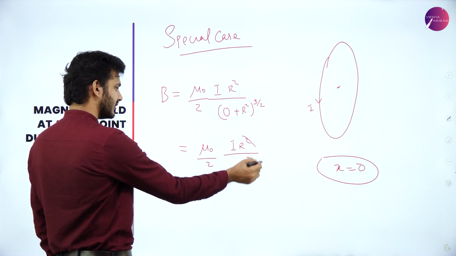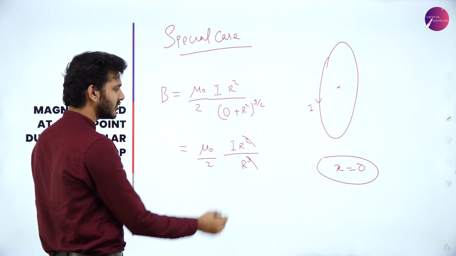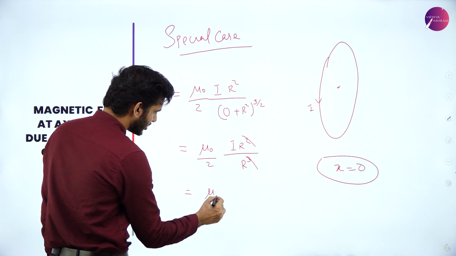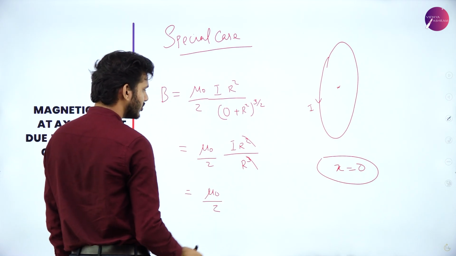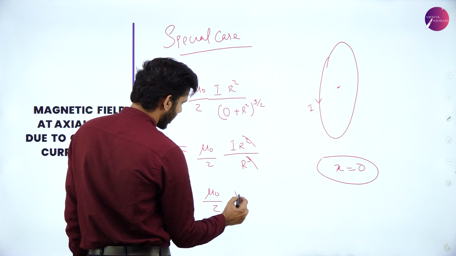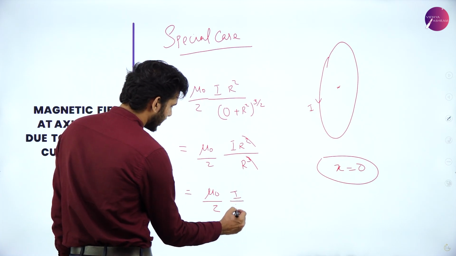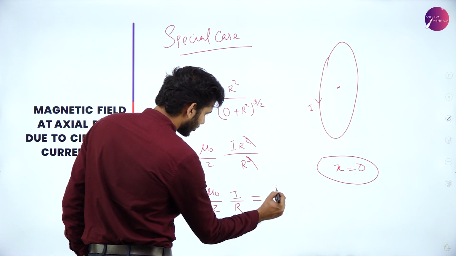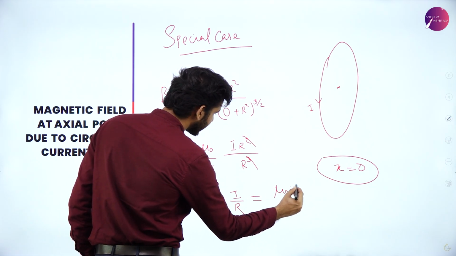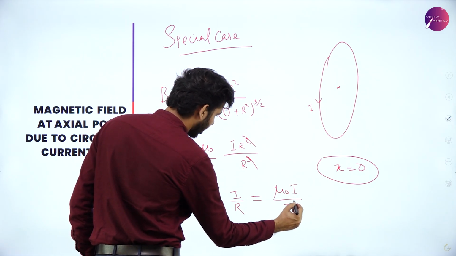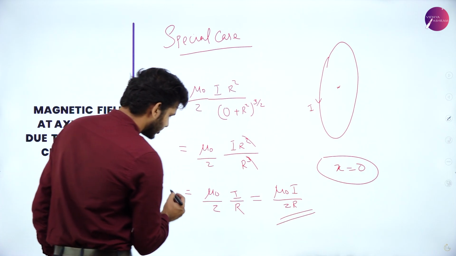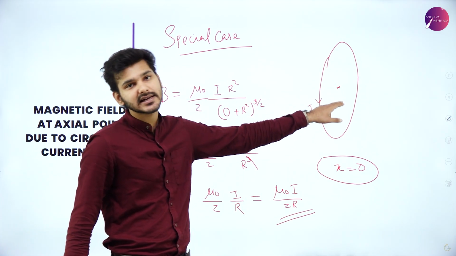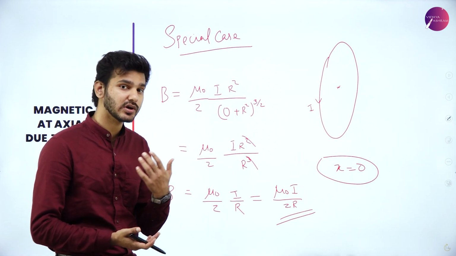Now this r and this will cancel out, so we can write this as mu naught divided by 2 into I by r, or simply mu naught I divided by 2r. So this will be the magnetic field experienced at the center of the current carrying circular loop.